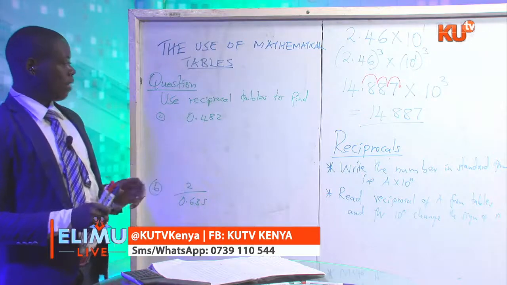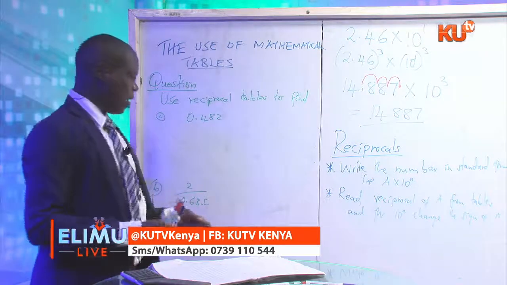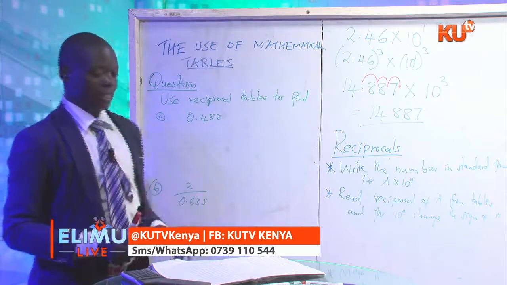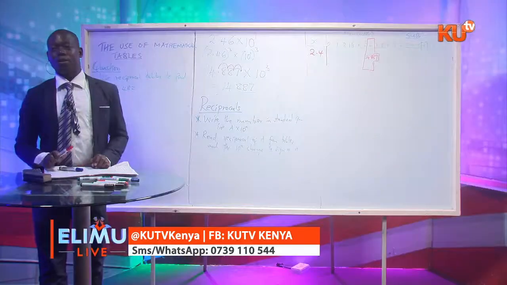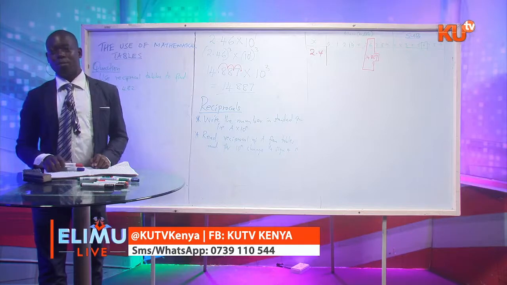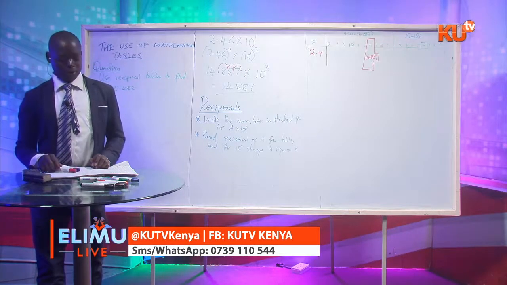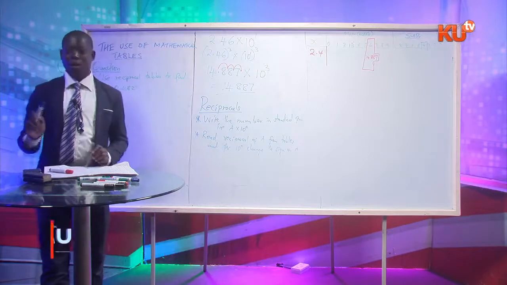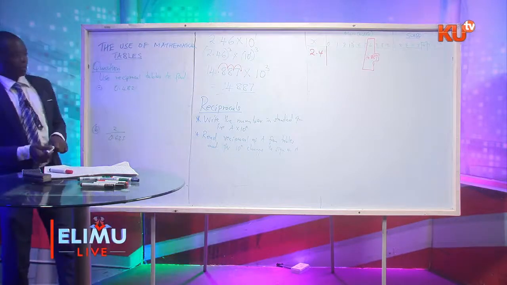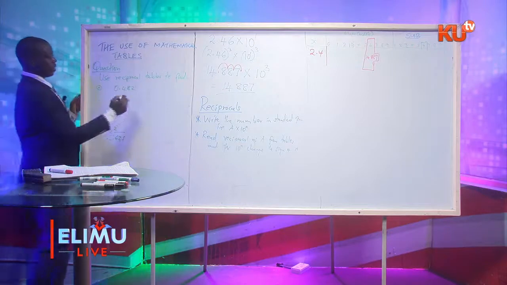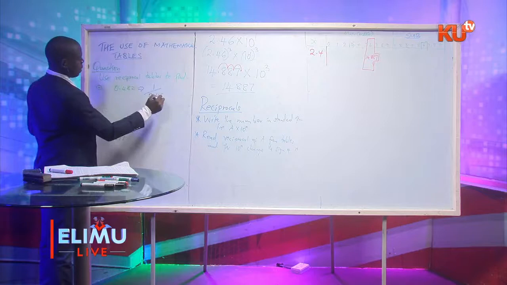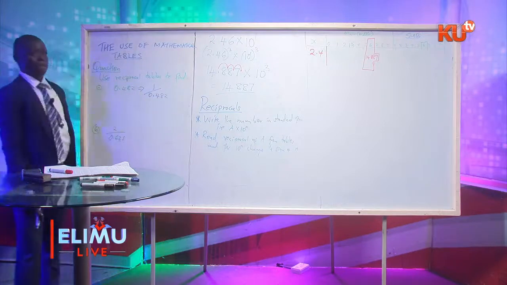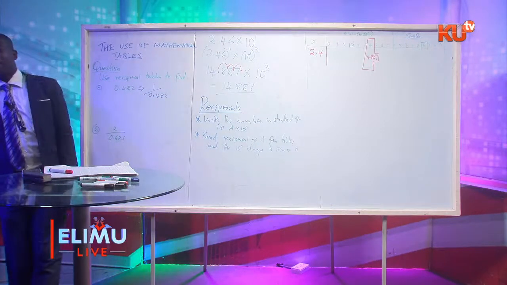We have 0.482 and 2 over 0.635. To work out the first one, you must know the meaning of reciprocals. The reciprocal of a number is simply 1 over that number. So the reciprocal of this number technically means 1 over 0.482.